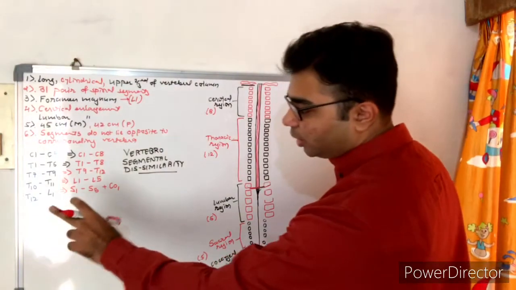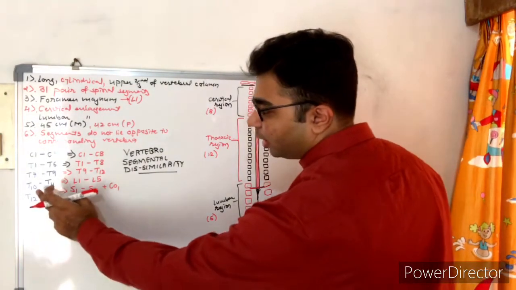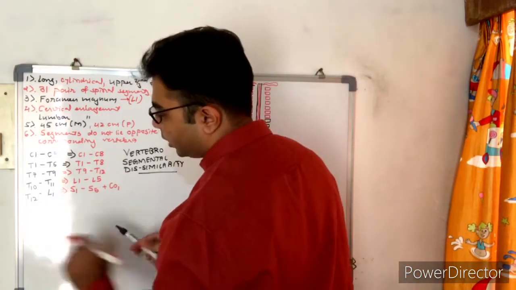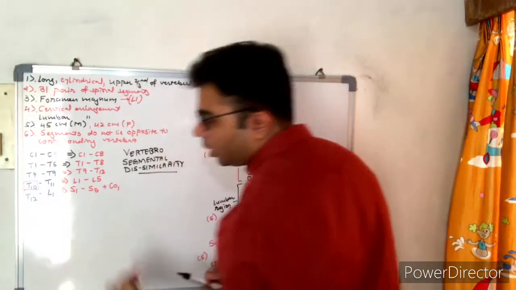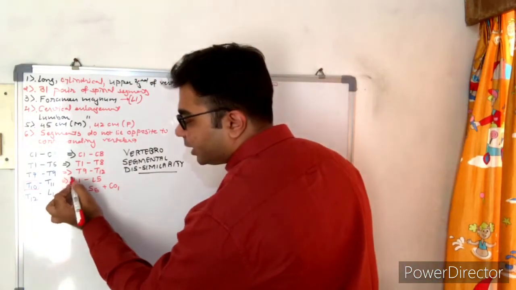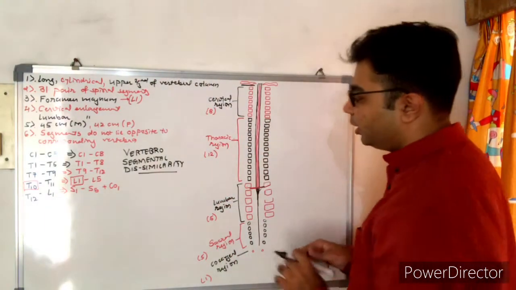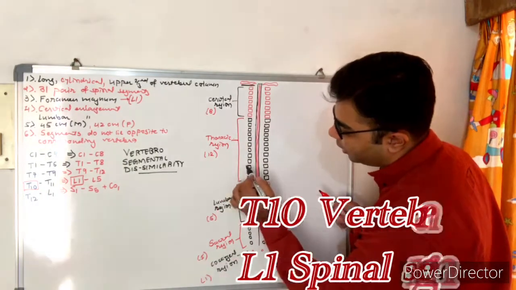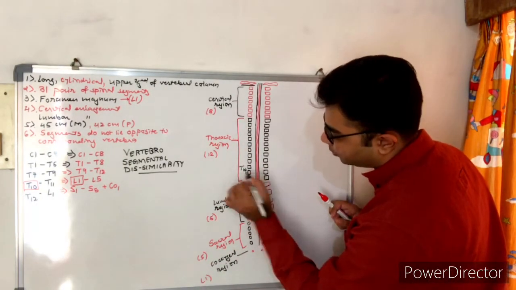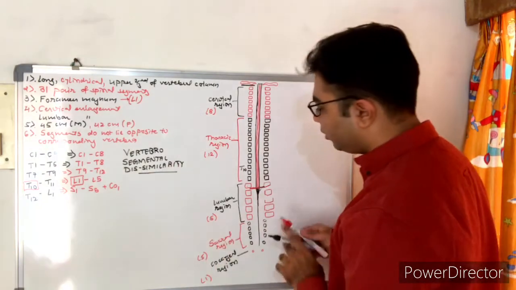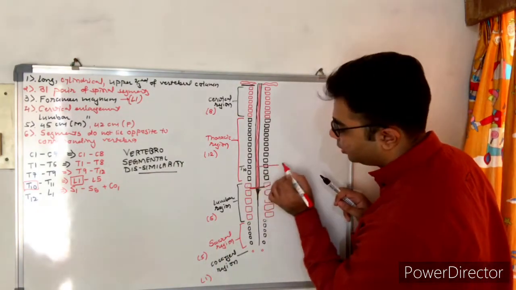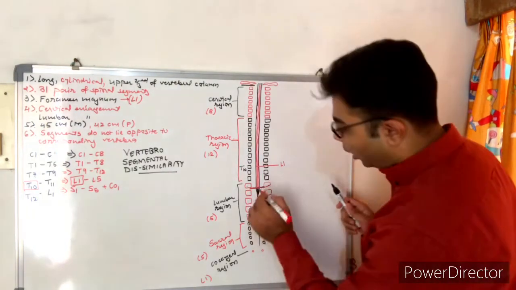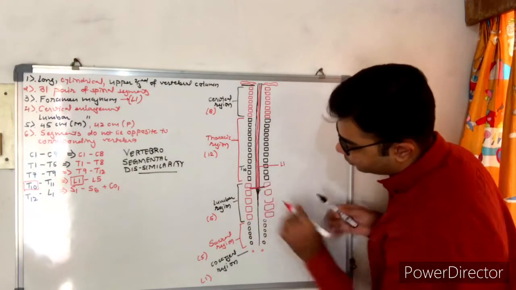For example, if you take the 10th thoracic vertebra, the spinal segment which lies there is the first lumbar segment. So here is the T10, and the lumbar area is there, but this L1 will come out from here.